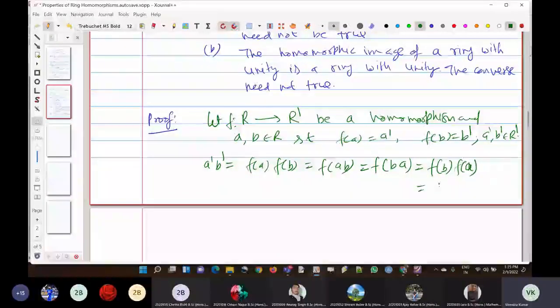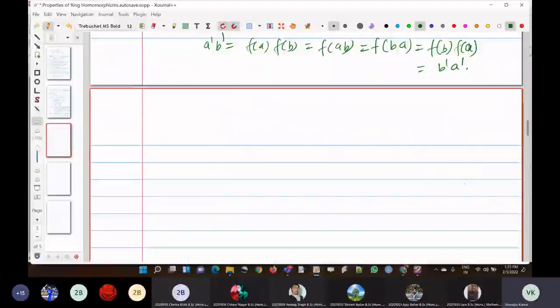So f of B is B dash, f of A is A dash. So this proves that R dash is commutative. That is, A dash times B dash equals B dash times A dash. That is, R dash is commutative.